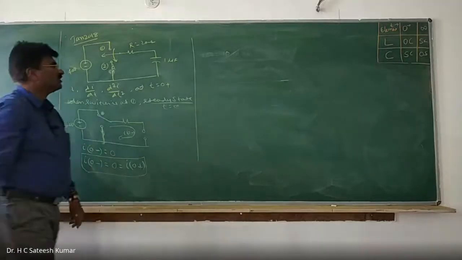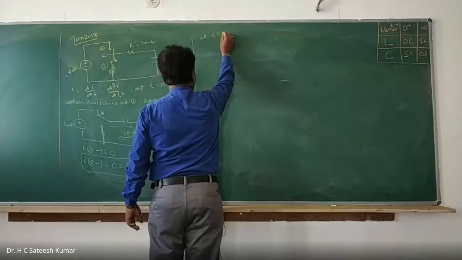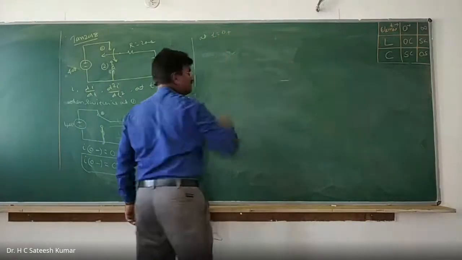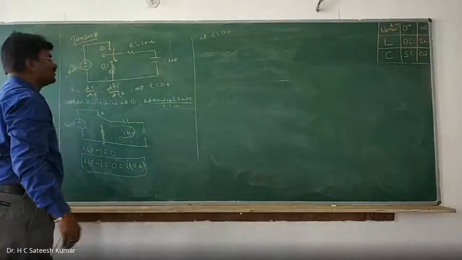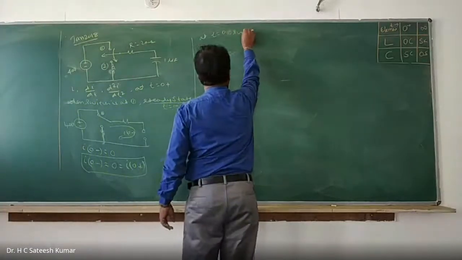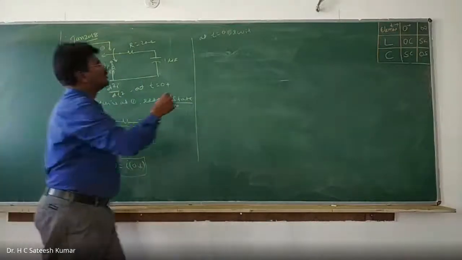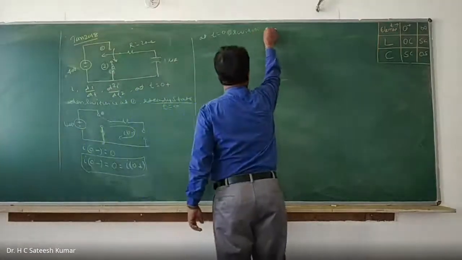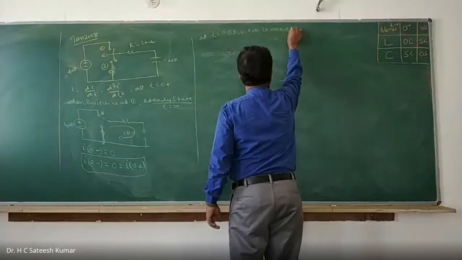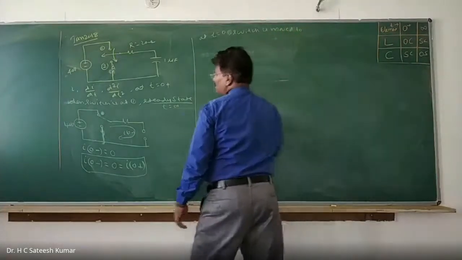Now, at t is equal to 0 plus, the switch is changed. At t is equal to 0, the switch is moved from here to here, to position 2.